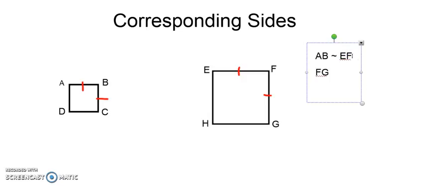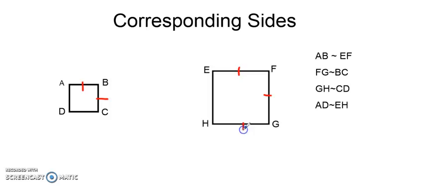So we have FG is similar to BC, and then we have GH is similar to CD, and we have AD is similar to EH. Okay, so we've done all of these sides, and that's just the corresponding sides.